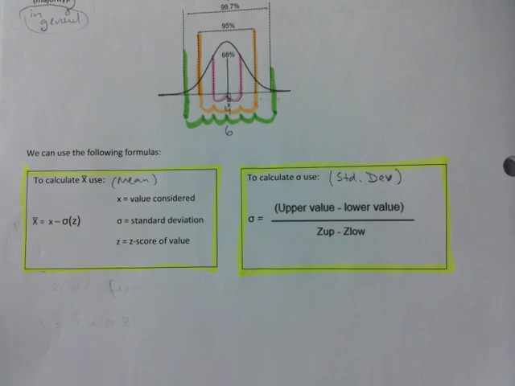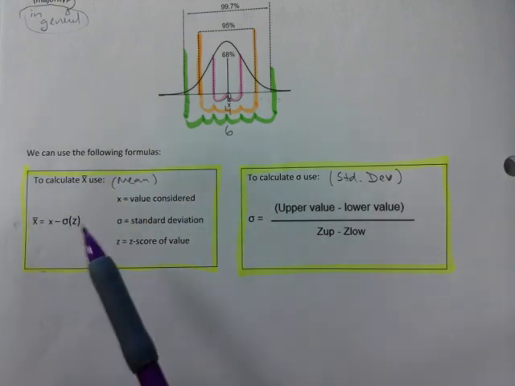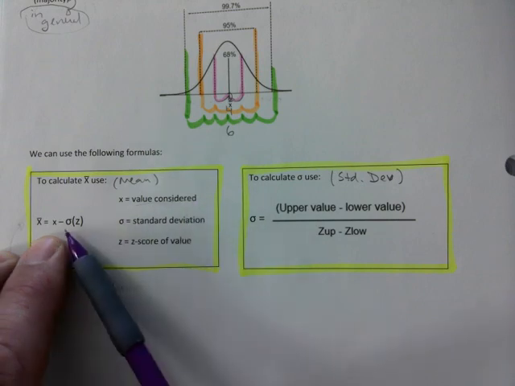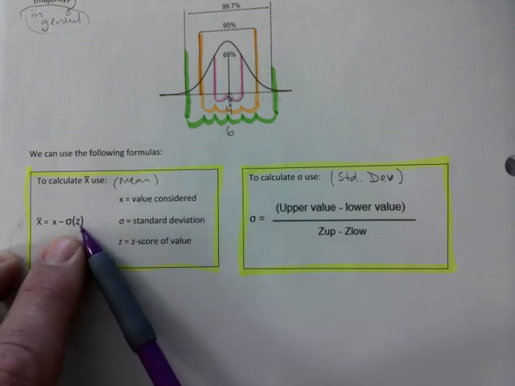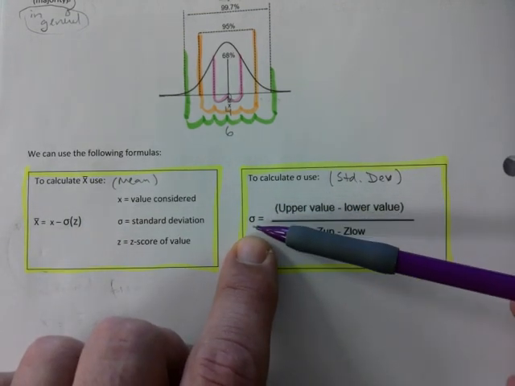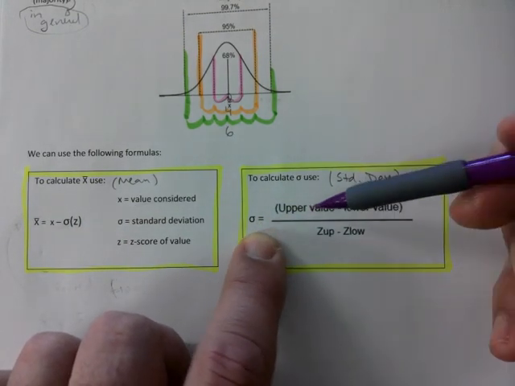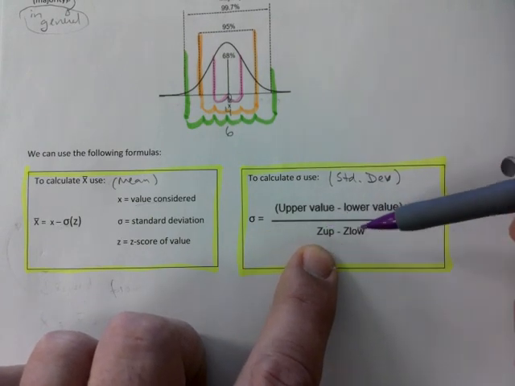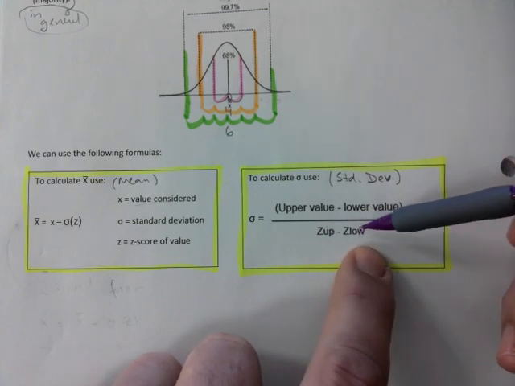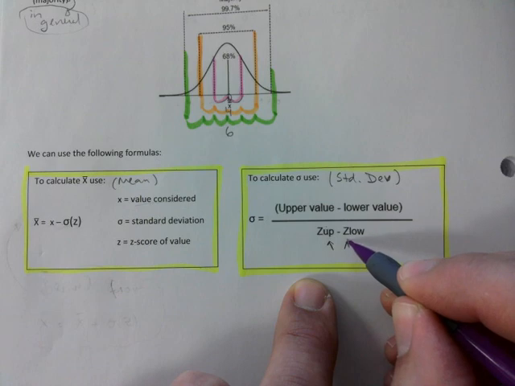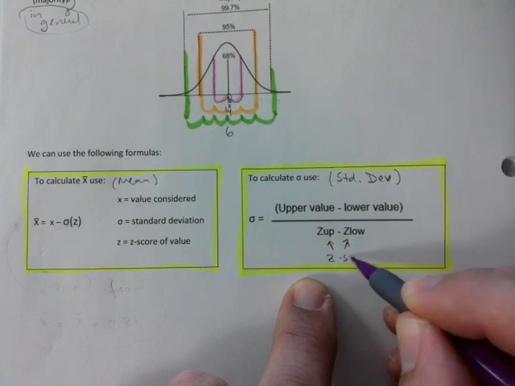And I think this is all self-explanatory, right? The x is the value considered, and standard deviation, and z-score. Okay, so you will know all of these things. Alternatively, to find the standard deviation, we'll go upper value minus lower value, and then z up minus z low. So these are z-scores. Okay. This and that are z-scores.